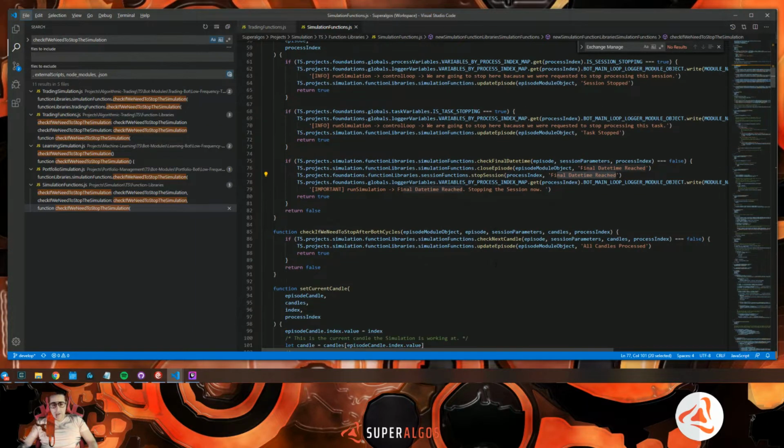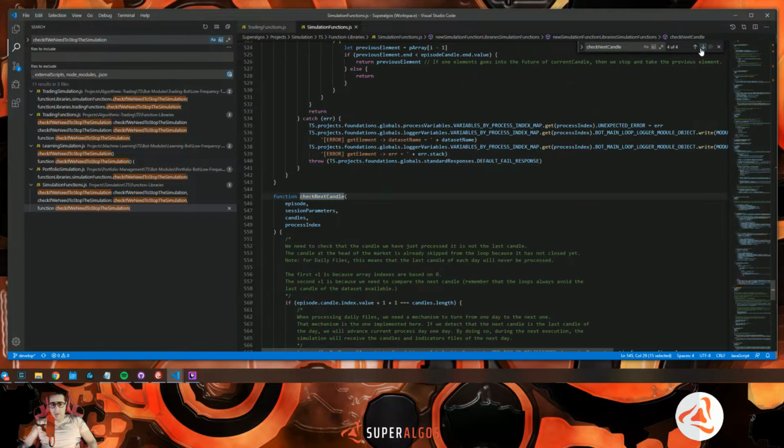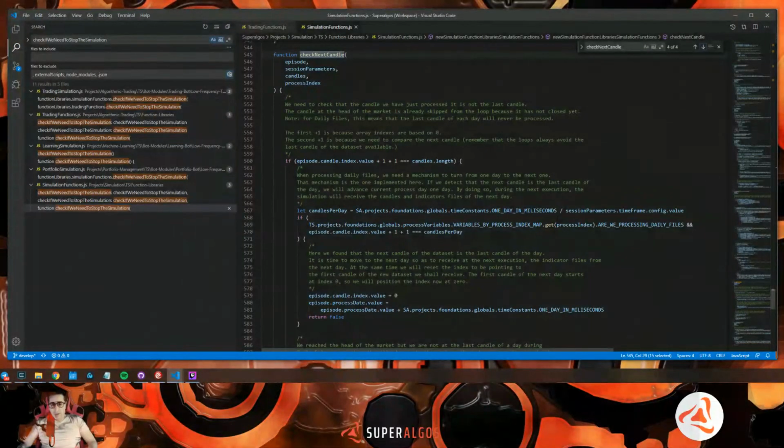Okay, then there is this function, check if we need to stop after both cycles. Then we are checking the next candle and making this check.